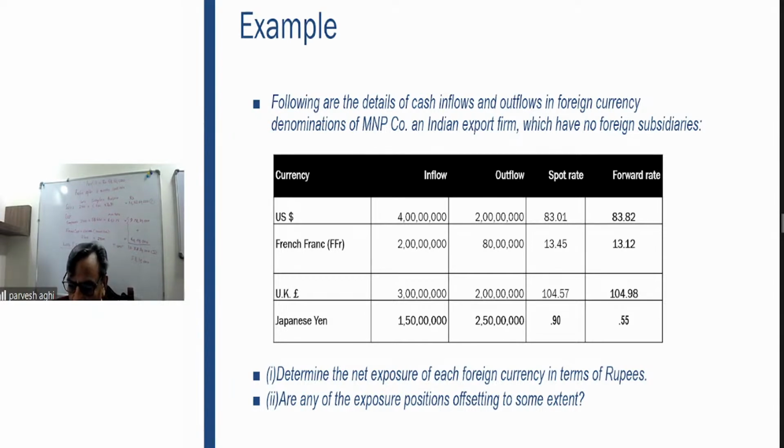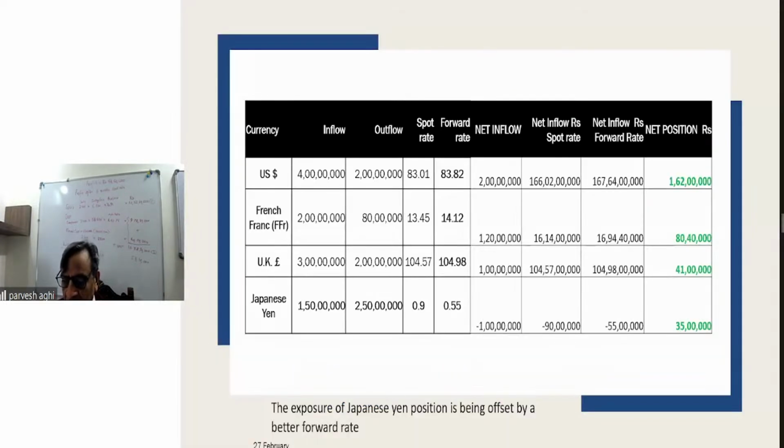So this is the question, and you are supposed to answer with respect to 1 and 2, which says determine the net exposure of each foreign currency in terms of rupees. Number 2, are any of the exposure positions offsetting to some extent? Okay, so let's understand. This is the answer.